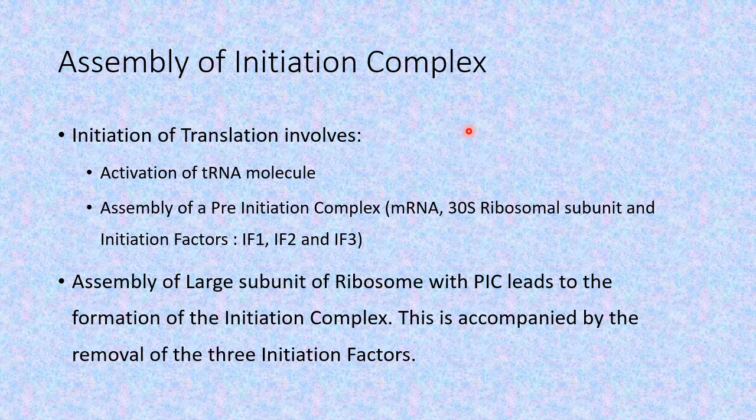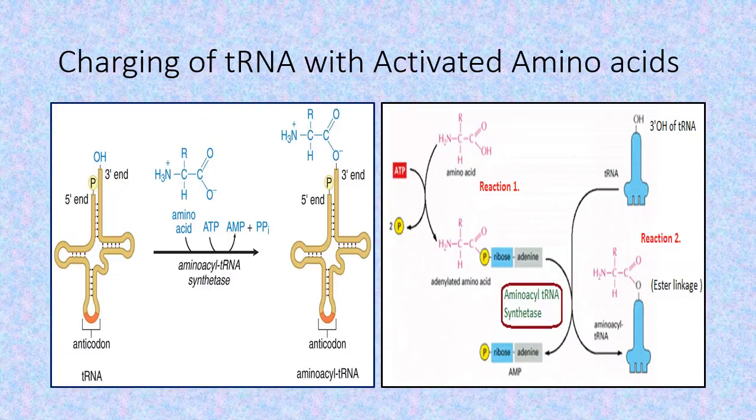So it is responsible for carrying a specific amino acid to the messenger RNA according to the codon present on the messenger RNA. So the first step is the activation of the amino acid, you may say, or the charging of the transfer RNA.